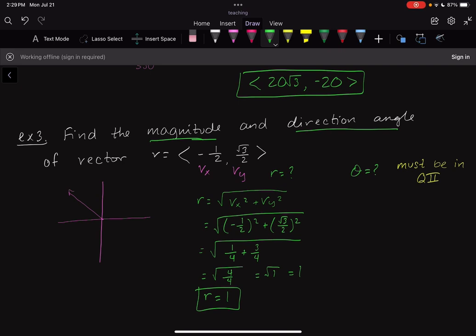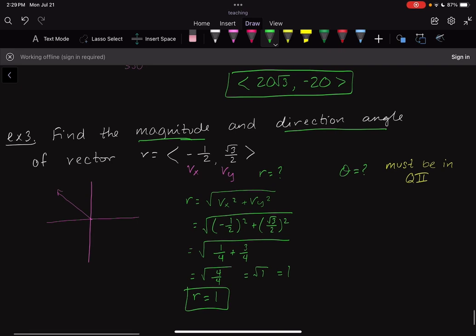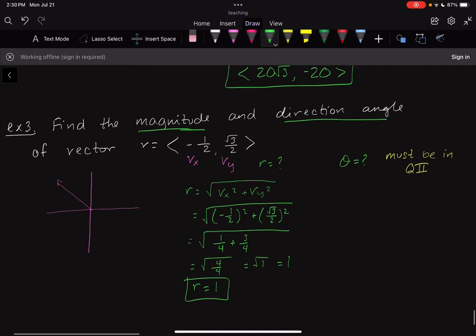Now when it comes to solving for theta, you can use a few different methods. I do want to exercise caution when finding theta because based on the quadrant you are in, there may be a better alternative if you have to use a calculator.